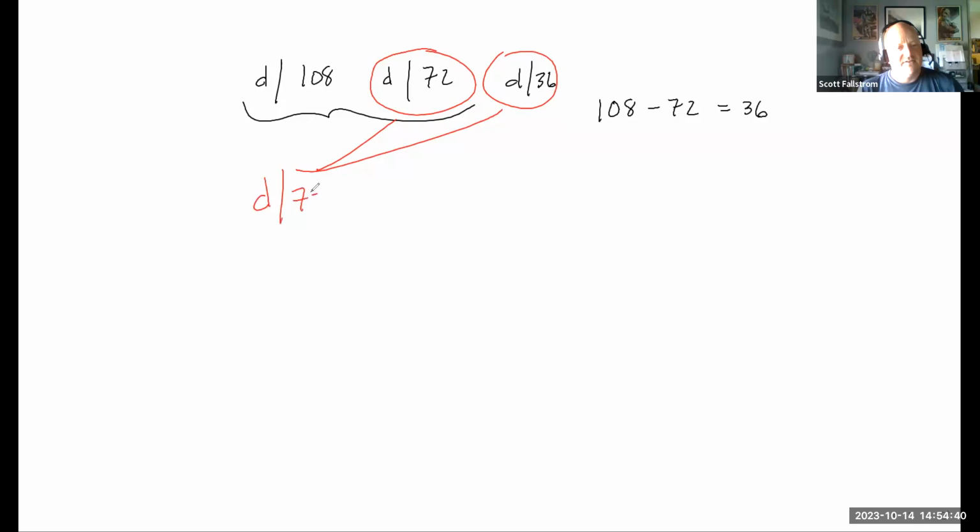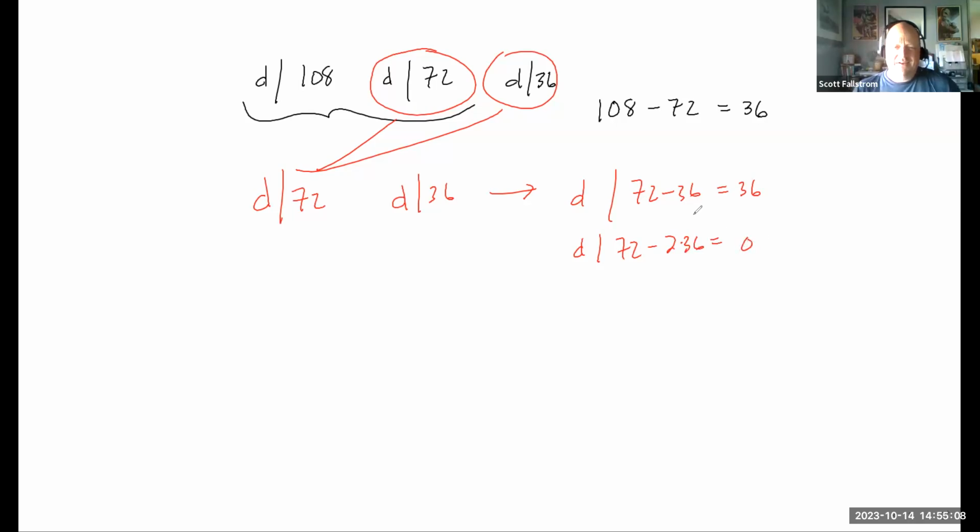I know D divides 72 and I know D divides 36. So that means D has to divide 72 minus 36, which turns out to be 36. And since it divided one group of 36, D has to divide 72 minus two groups of 36, which turns out to be 0.